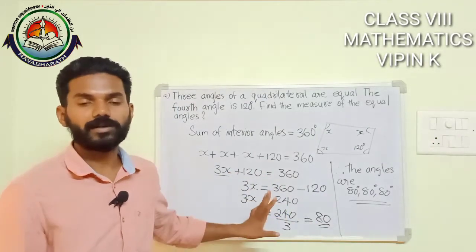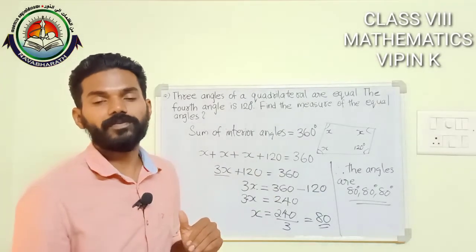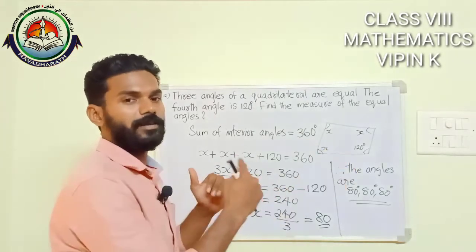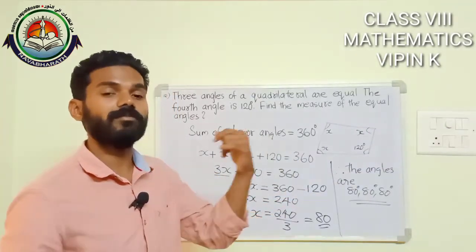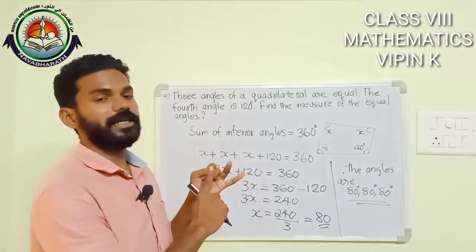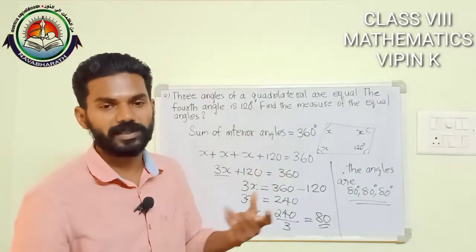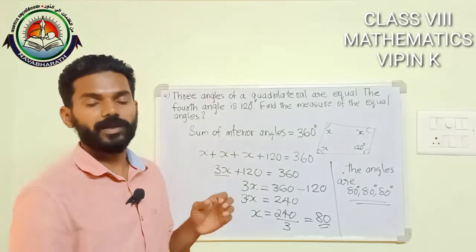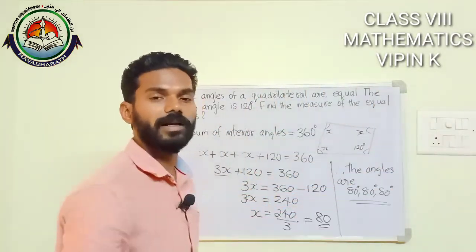There are certain rules while solving an equation. Which are the rules? If you are carrying a plus term onto the opposite side, it would become minus. If you are carrying a minus term onto the opposite side, it would become plus. Clear? And if you are carrying into, it would become divided by.